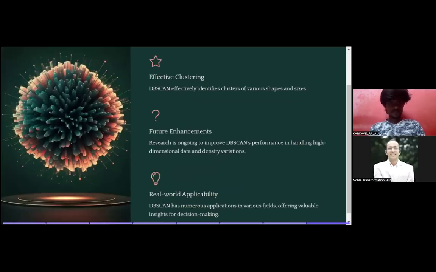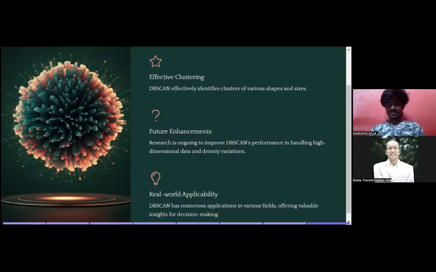Future enhancement: research is going on improving DBSCAN's performance in handling high dimensional data and density variation, because that is the limitation, guys. That's why research is going on to improve performance on high dimensionality data and density variation. Real world application: DBSCAN has numerous applications in various fields, offering valuable insights in decision making.